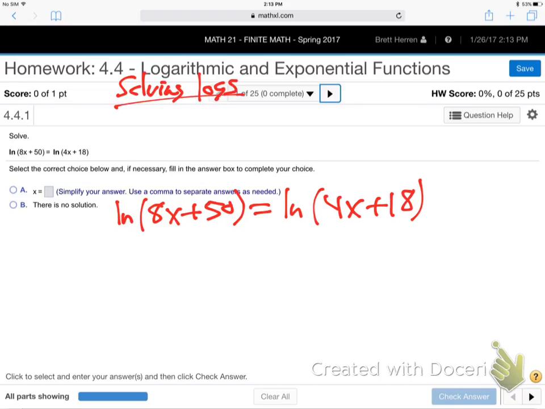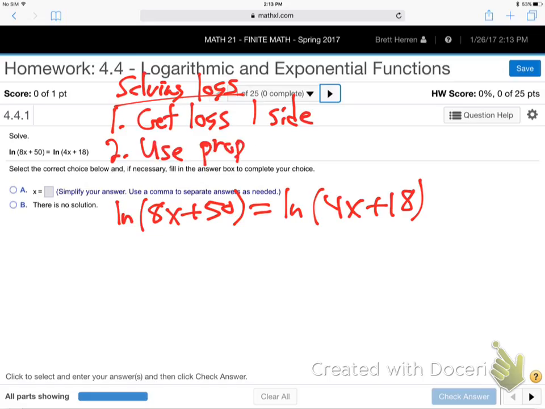So solving logs. How do you do it? Step one. Get the logs, and they go regular log, natural log, it's all the same thing. Get all the logs on one side. Step two. Use the properties, which I'll explain, to make it into one log.